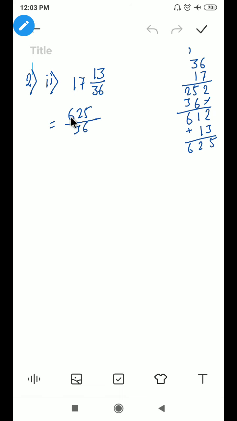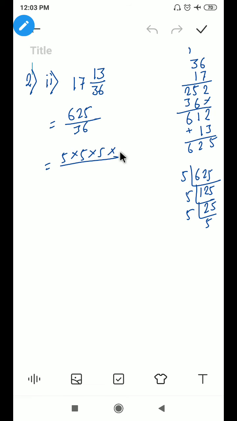So you have to factorize 625 and 36 separately. If you factorize 625, what do you get? This will again go with 5, so 5 times 5 times 5 times 5.